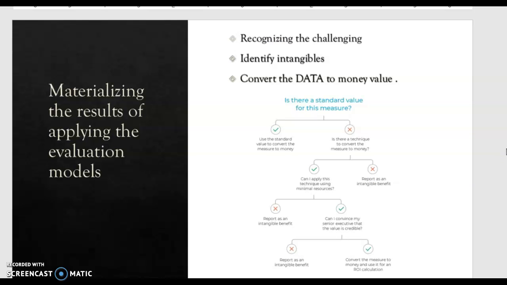However, calculating the results of the design process is not a simple thing. We have to face a lot of challenges. The first one is recognizing the challenging identities, the intangible benefits, and converting data to money values or something we can measure. First, in real-life scenarios and problems, not all levels of evaluation are always required.